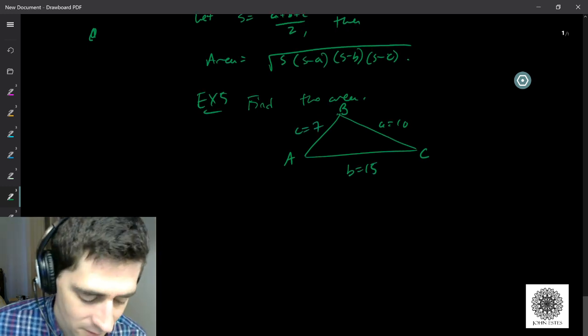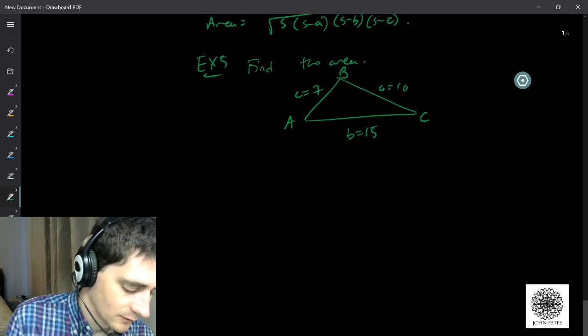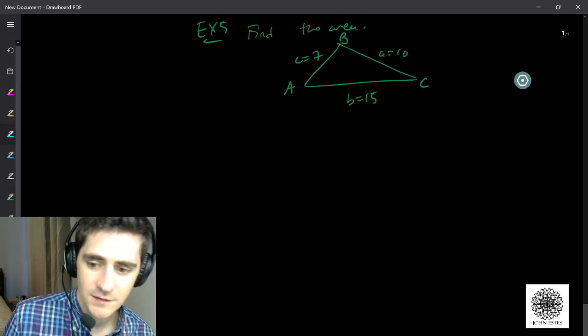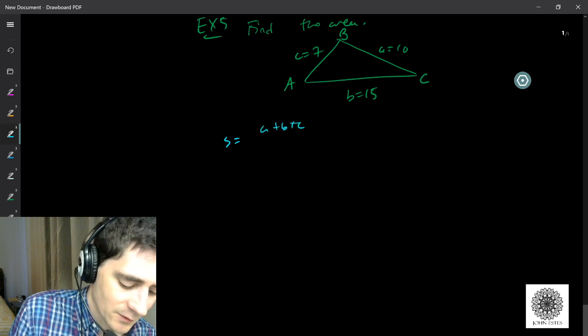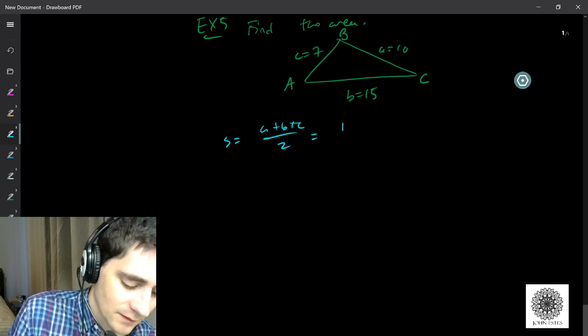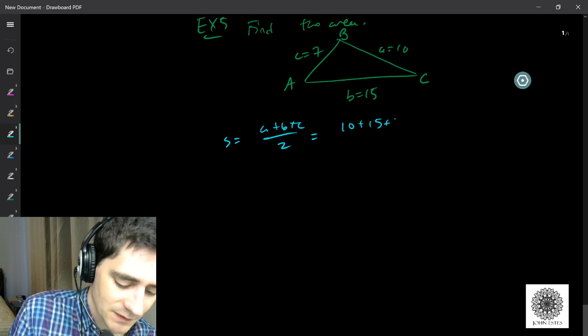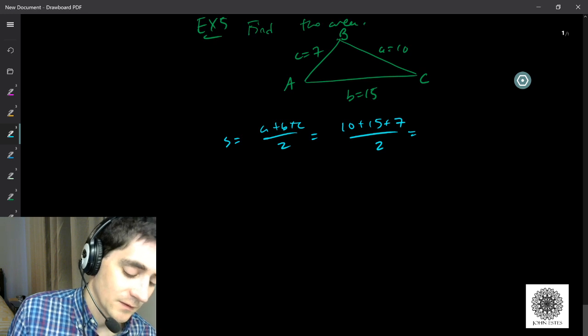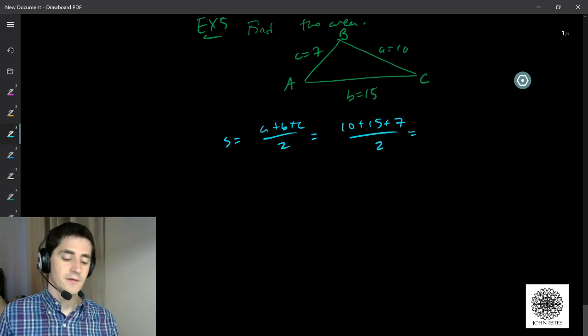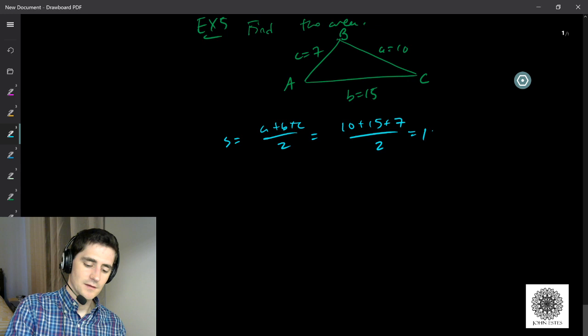And the funny thing is we don't really need to know any of the angles to do this. So the first thing we probably want to do is figure out this s value, which again is just the sum of the 3 sides divided by 2. So it's going to be 10 plus 15 plus 7 all over 2. 10 plus 15, you get 25, plus another 7, you get 32, divided by 2, you get 16.